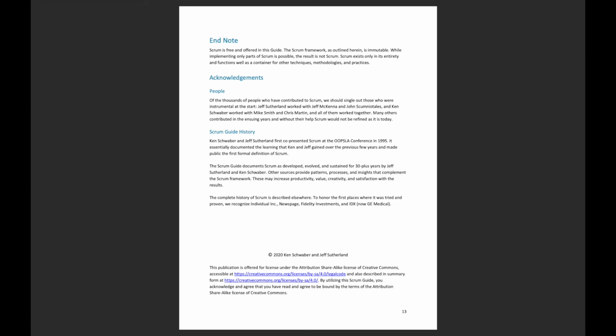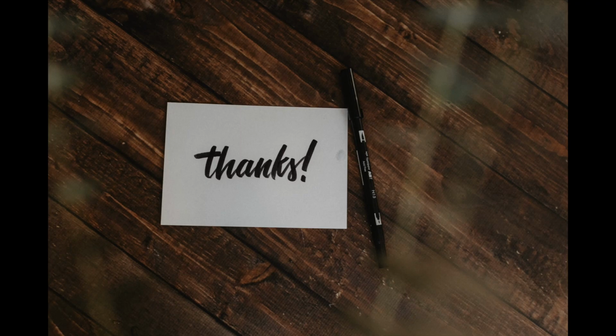Other sources provide patterns, processes, and insights that complement the Scrum framework. These may increase productivity, value, creativity, and satisfaction with the results. The complete history of Scrum is described elsewhere. To honor the first places where it was tried and proven, we recognize Individual Inc., Newspage, Fidelity Investments, and IDX, now GE Medical. This concludes the Scrum Guide.